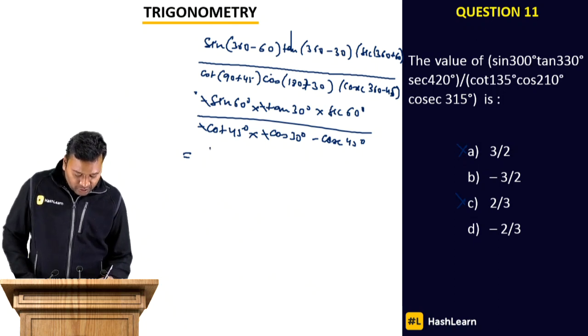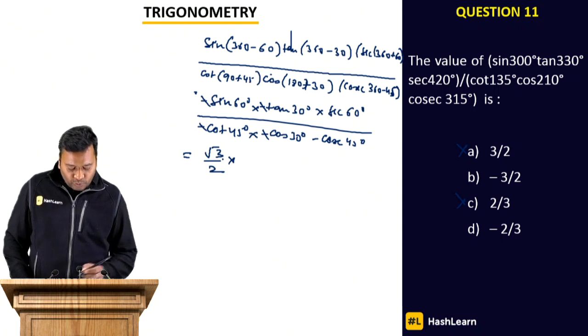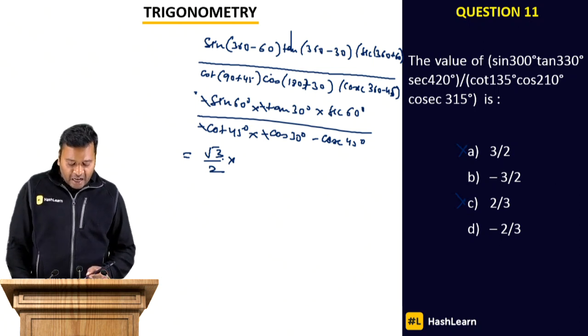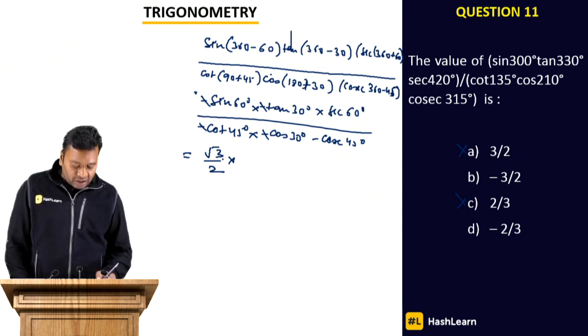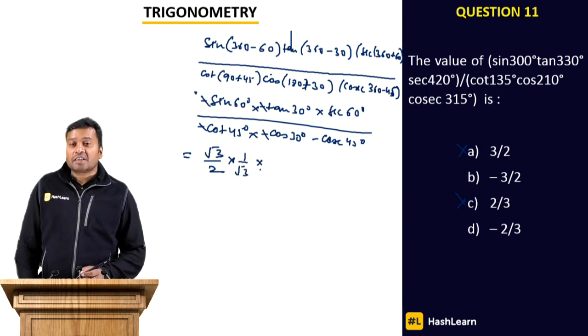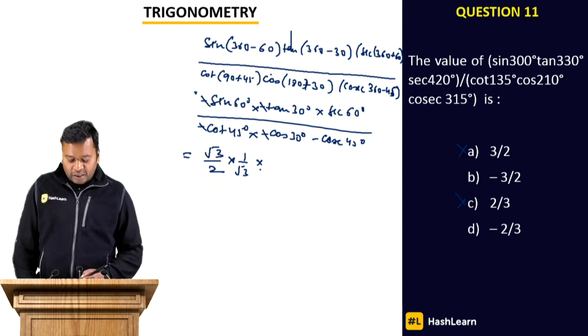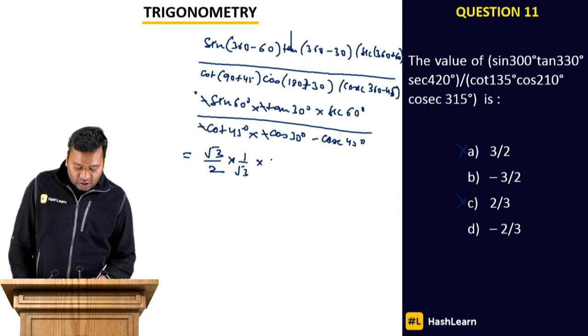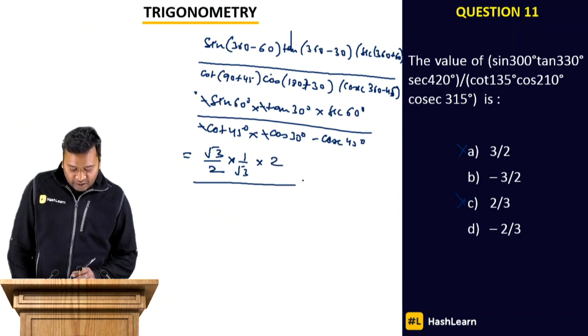Sine 60 is nothing but root 3 by 2, right? Then tan 30. So tan 30 is nothing but 1 by root 3 into sec 60. That means 1 by cos, right? So cos 60 was how much? Cos 60 is nothing but 1 by 2. That means nothing but 2 here, right?